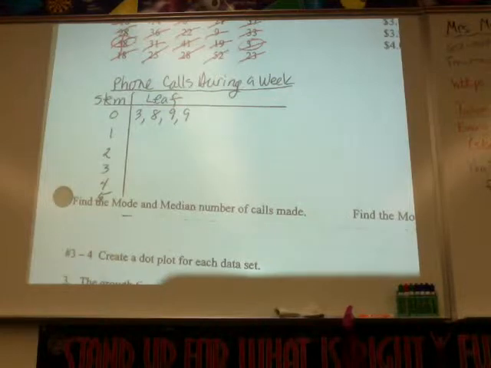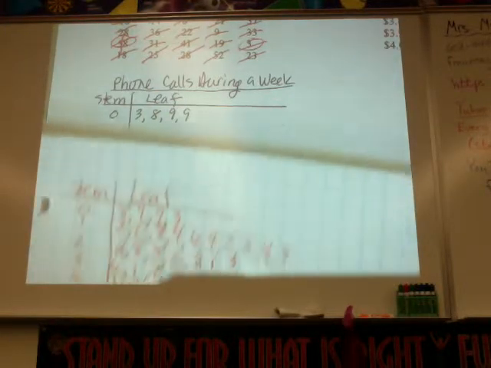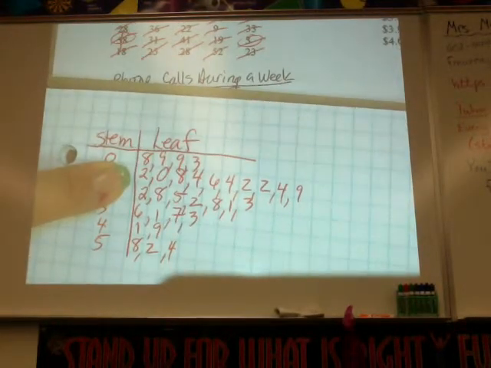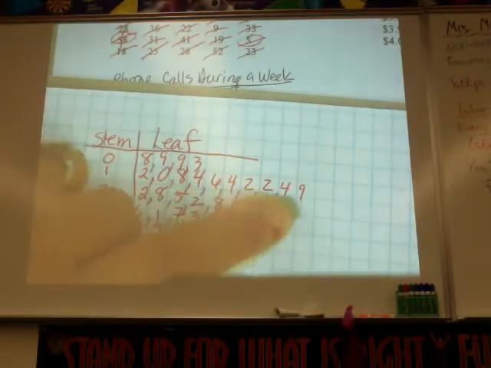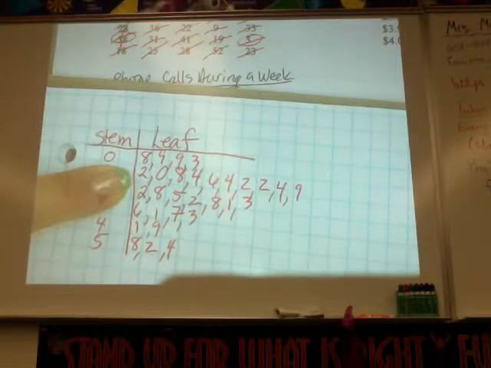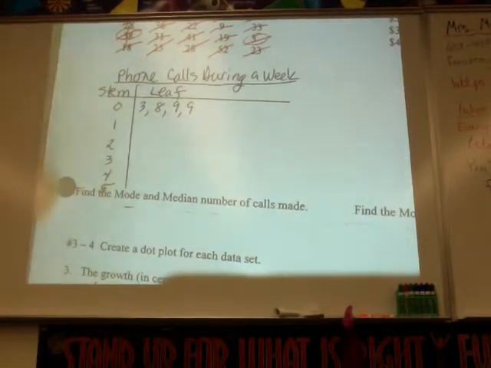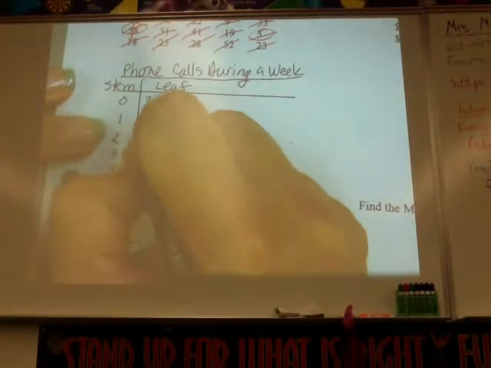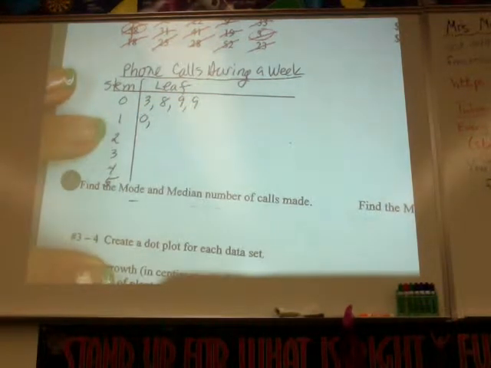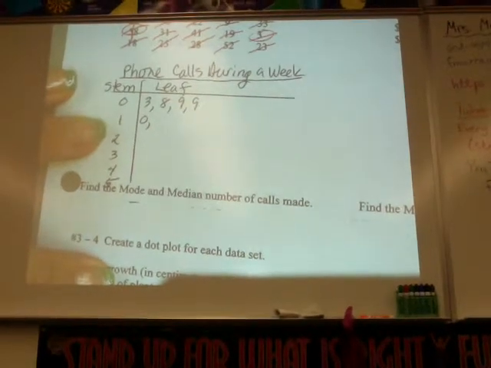The second stem, the stem 1, is a little bit harder to organize, isn't it? So if I were you on this one, I would be crossing out leaves here to make sure that you don't lose any of them. So as you put them in here, cross them out and line them up nice and neatly. 0 comes first. You have no 1s, but you have how many 2s? 3 of them.